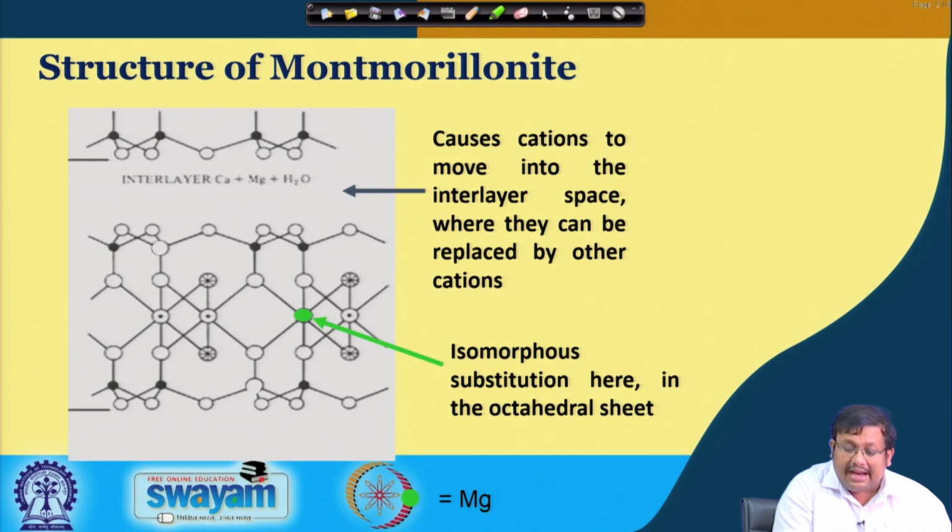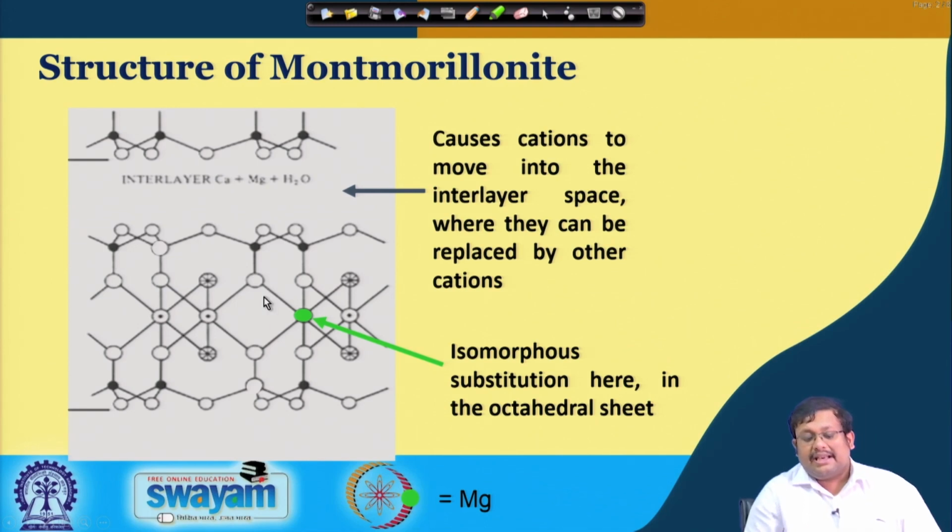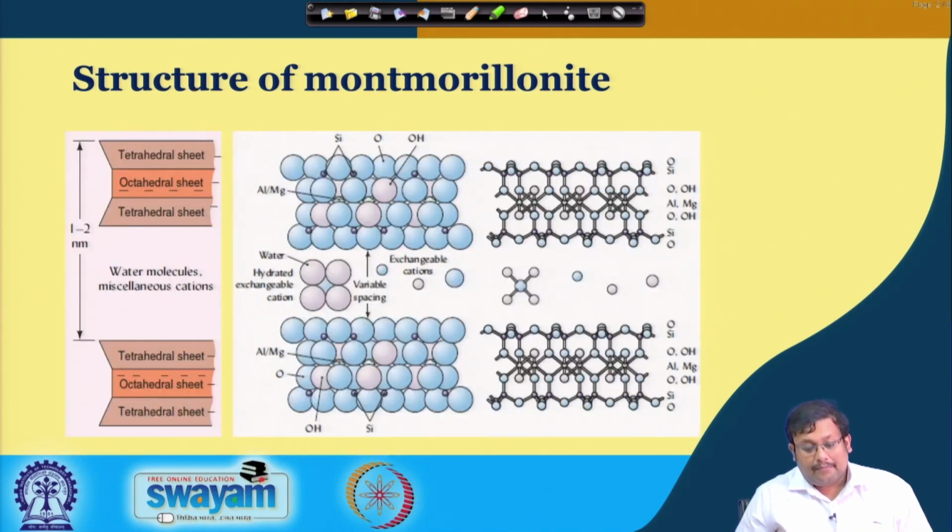As a result, there is a high space in between, and it causes cations to move into the interlayer space where they can be replaced by other cations. So, this is the reason that montmorillonite shows high swell and shrink property.